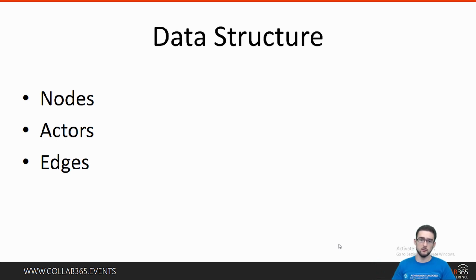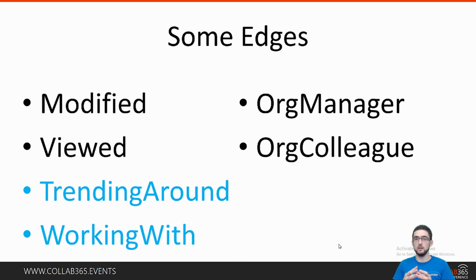We are actors, but that's only for real persons, not for things like rooms or anything like that. And then you have the edges, which are sometimes called signals in the documentation, and it's only the way to connect one node to another node or one actor to another actor. So that's how they define their data structure.